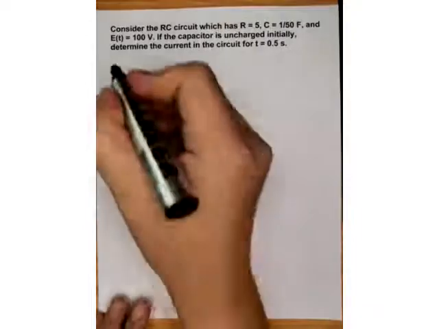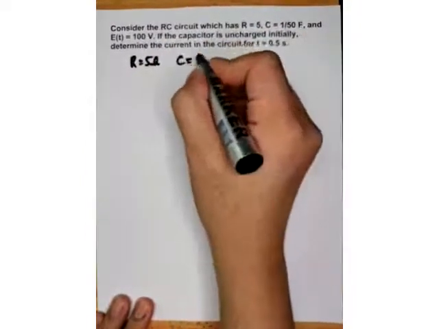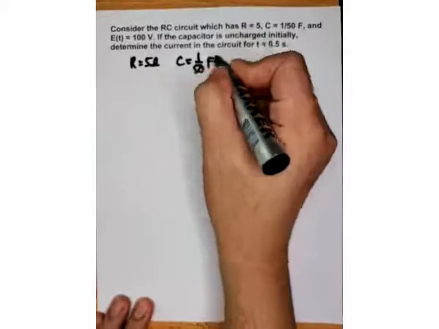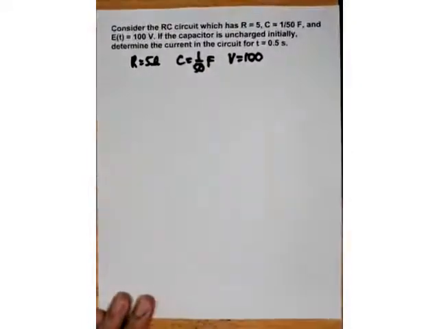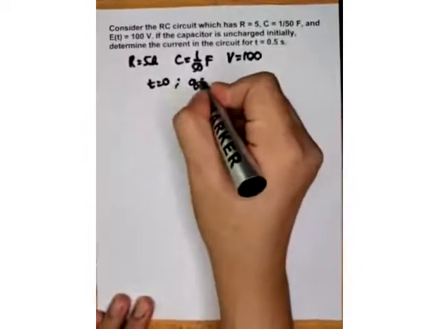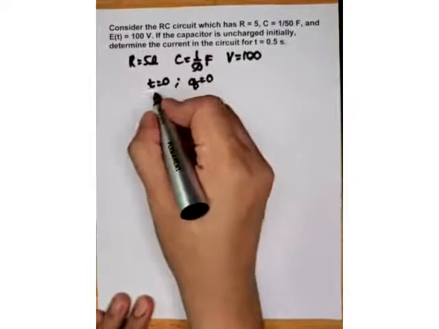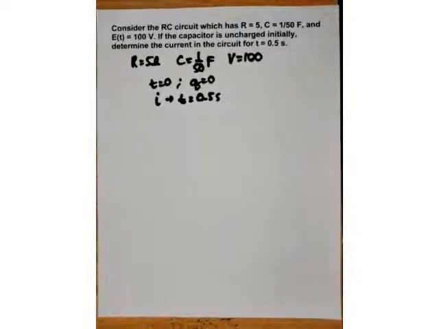So we are given that the resistance is 5 ohms and the capacitance is 1 over 50 farad and the voltage is 100. So at t is equal to 0, the charge is 0. So ang tinatanong is what is i when t is equal to 0.5 seconds? So what is the current after 0.5 seconds?